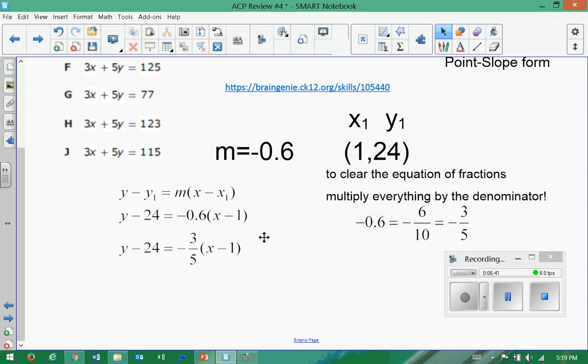So since the denominator is 5, this is what this looks like.